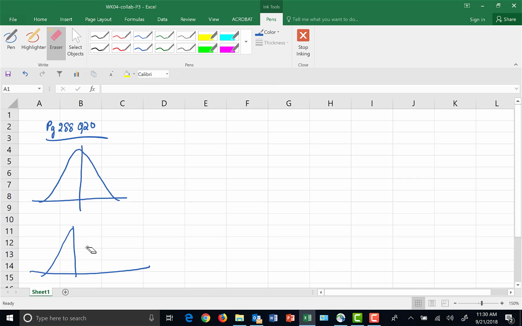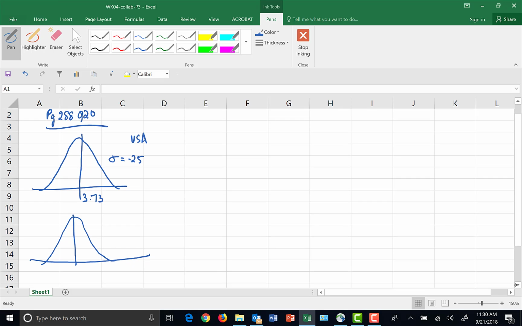Okay, so in the US the average price of gasoline is $3.73, and the standard deviation is 25 cents. And in Russia, so I'll call this X and I'll call this Y. So in Russia, the average price of gasoline is $3.40.